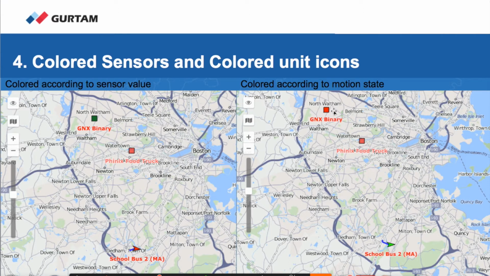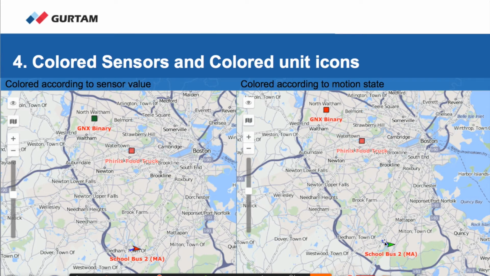It should be pretty intuitive that when we see the red color, that means that the unit is parked. So our GNX binary unit and Phoenix food truck are parked, while the school bus is moving, and this is why it's colored green. We also added icons that are different in shape. For parked, we add squares, and for moving, we add arrows.